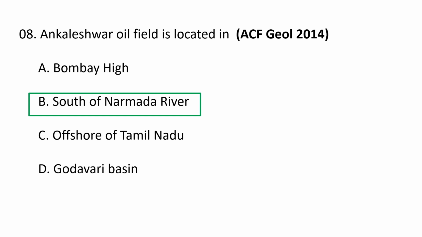Ankleshwar is the first major oil field, discovered in 1958, about 80 kilometers south of Vadodara and nearby 160 kilometers south of Khambhat. The Ankleshwar anticline is about 20 kilometers long and 4 kilometers wide, and oil is very abundant at depths varying from 1000 to 1200 meters. B is the correct option.